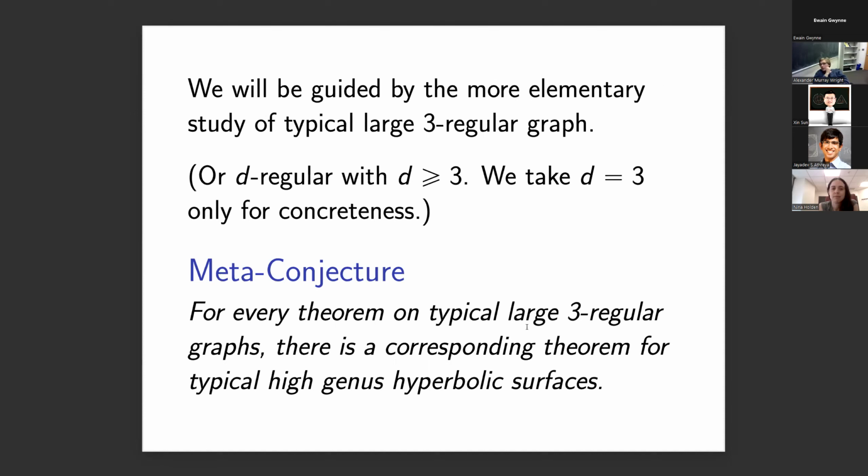And in fact, we're going to be guided by the study of typical large 3 regular graphs, or d-regular. It doesn't really matter that we're taking 3 regular, but let me just stick to 3 regular for concreteness.